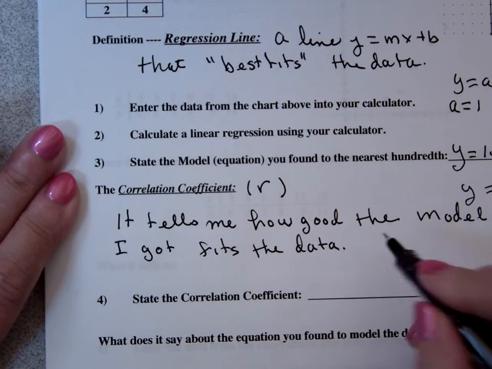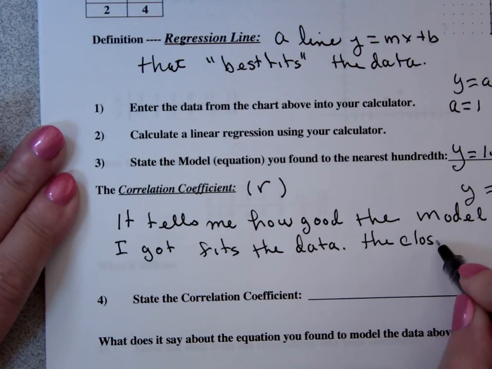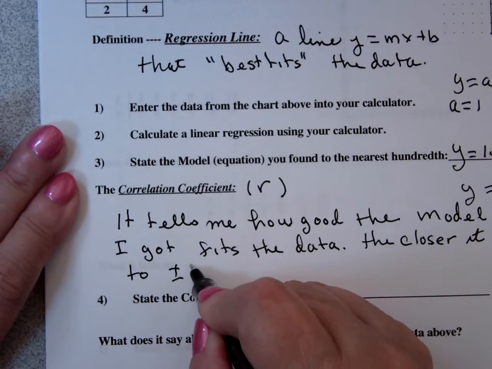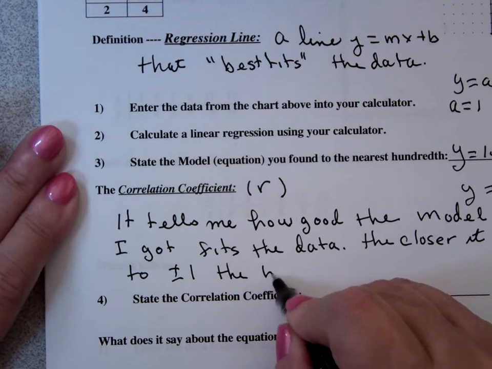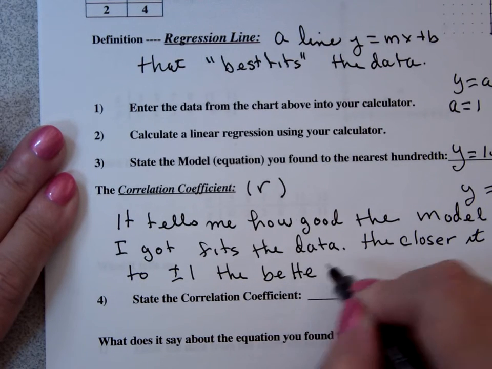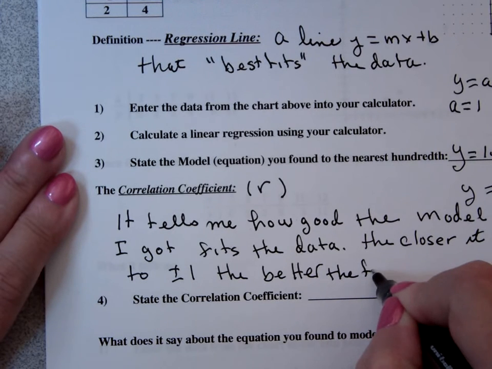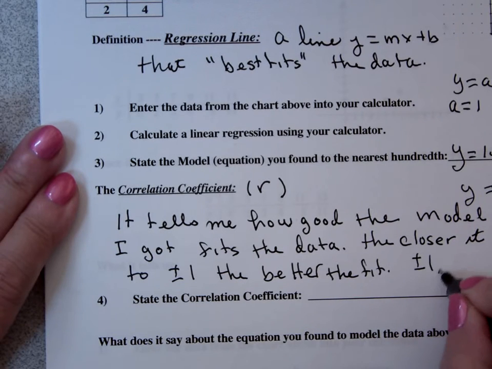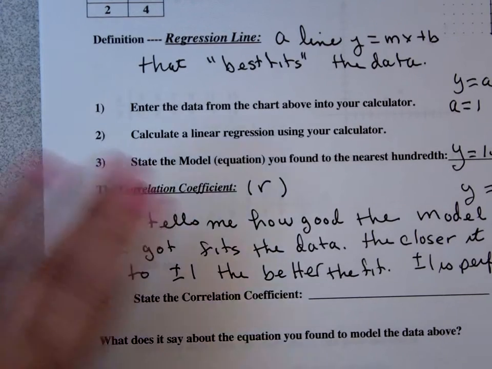The closer it is to plus or minus 1, the better the fit. Plus or minus 1 is perfect. Plus or minus 1 is a perfect fit.